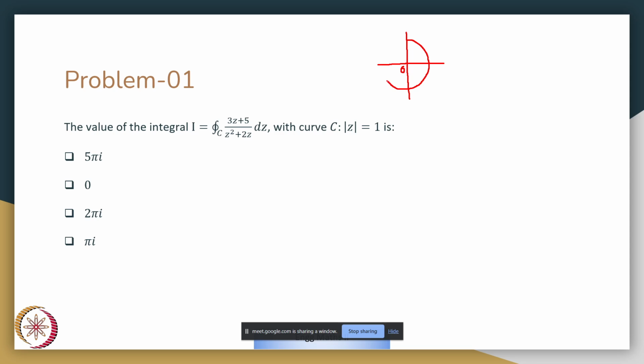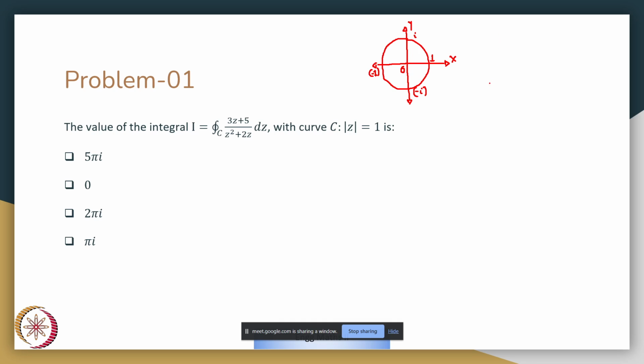So it will intersect the x-axis at plus minus 1 and the y-axis at plus minus i. So here's my i, here's my minus i. And we are asked to calculate the value of I.